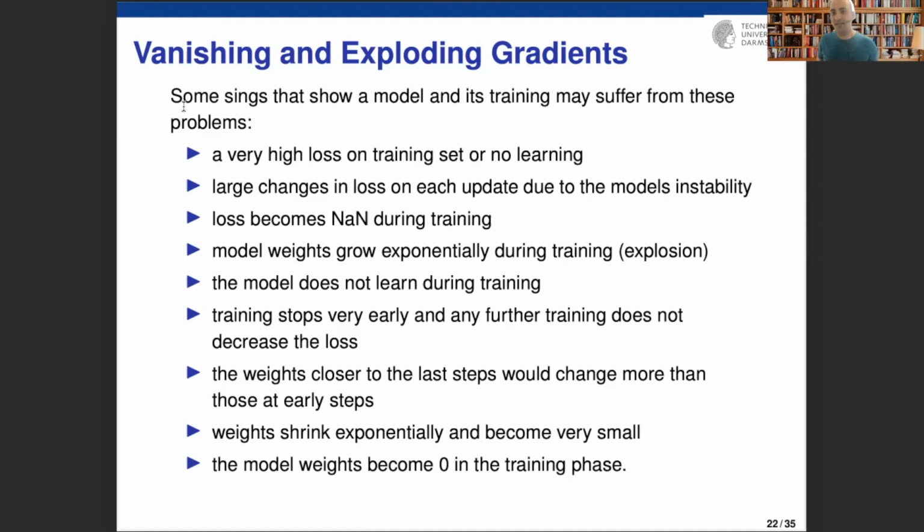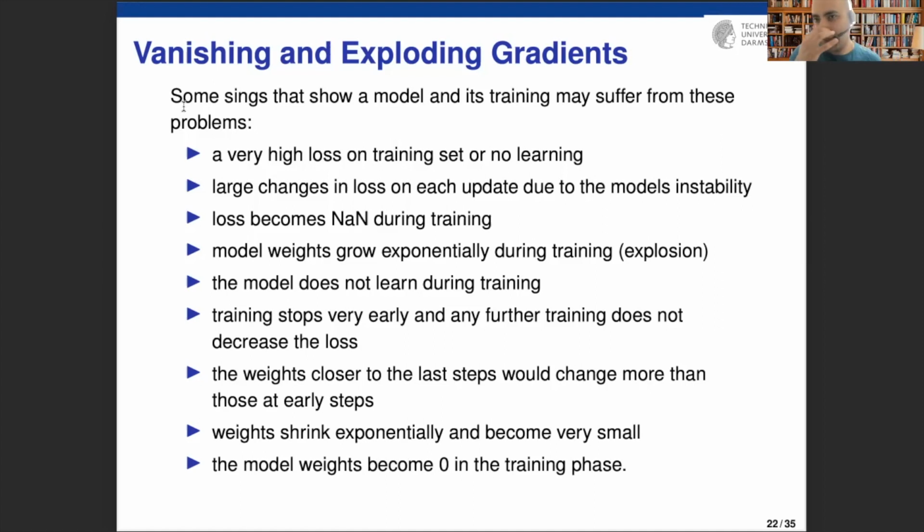So you may not see NaN, but you still see that the values of the weights are growing exponentially. Then you should be careful, because explosion can be the cause of this. If you train the model, but the model doesn't learn anything, that could be because of vanishing.